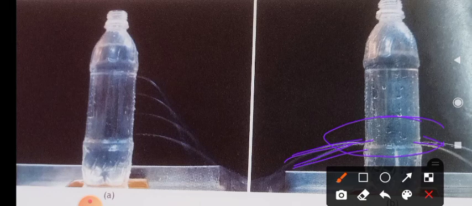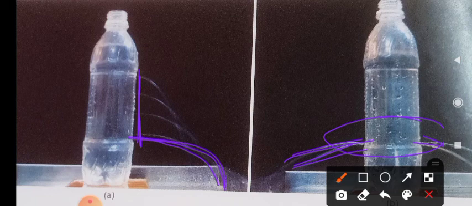Understood, children? Consider the first case. Here you have to make 3 or 4 holes vertically. After filling up the water, release the holes, and you will find that the water sprouts out with more pressure from the lowest hole.